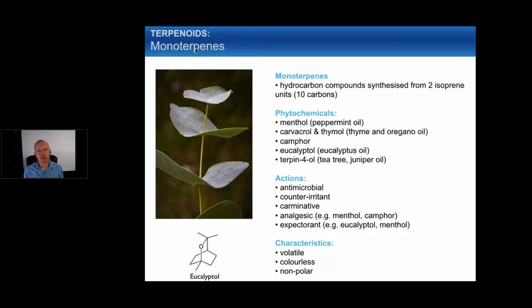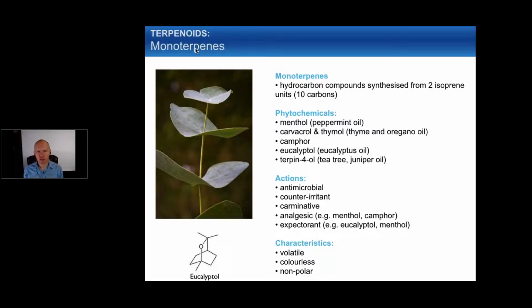Camphor comes from the camphor tree, and it's primarily found in sport creams and muscle pain creams. Eucalyptol, which is found in cough drops and also in various chest rubs for colds and flus, is also found in sports muscle rubs as well, and is obtained from the eucalyptus tree.